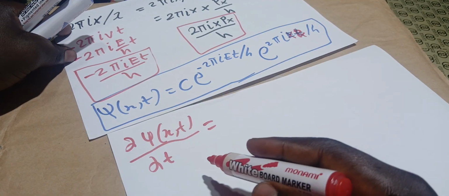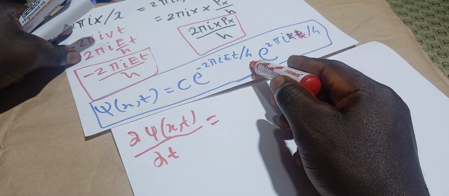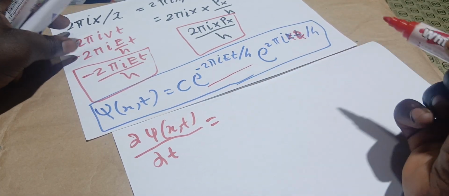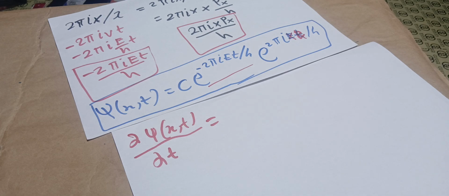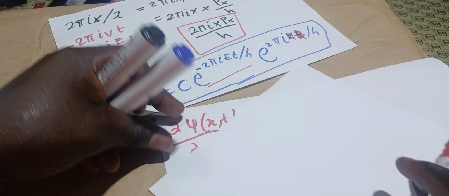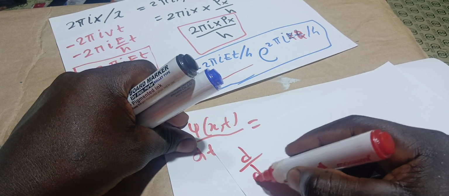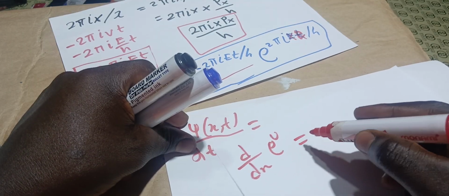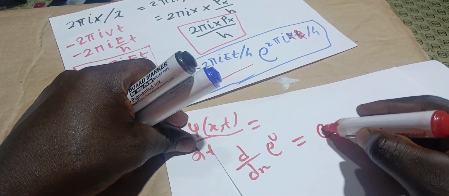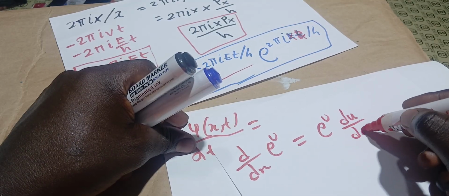So we are differentiating with respect to t. So where do we have the term t? We have it here, right? Okay. So now differentiating this, d/dx of e to the power u is going to give us e to the power u multiplied by du over dx.